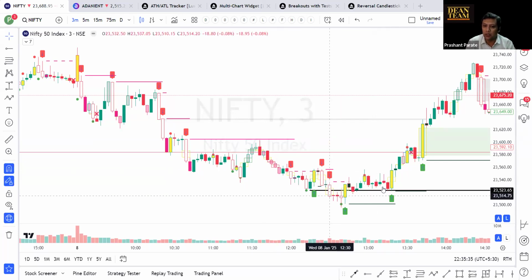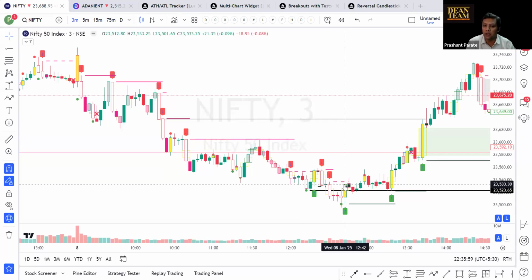When a new low forms, if the 23,500 put is creating higher low, higher high, then I will not sell that. But if it is not able to create a higher high, and suppose it is trading at rupees 100 at this level and 90 rupees at this level, and it comes down up to this, but still the price is not able to create a new high, and then we get this candle, I will sell at this level.